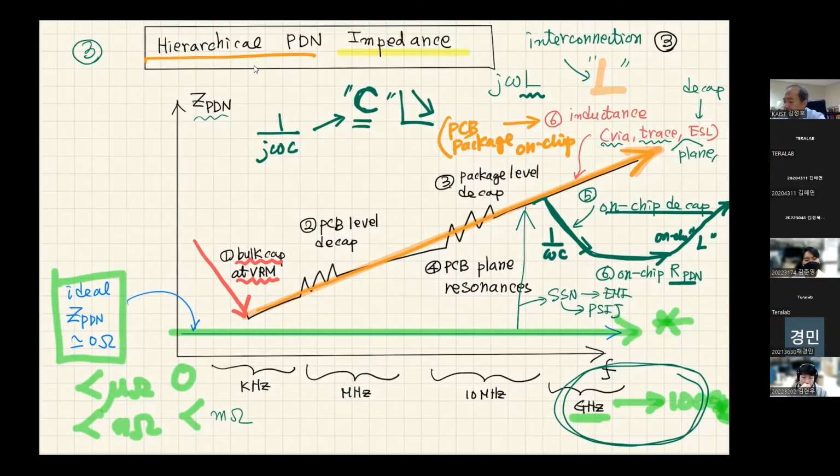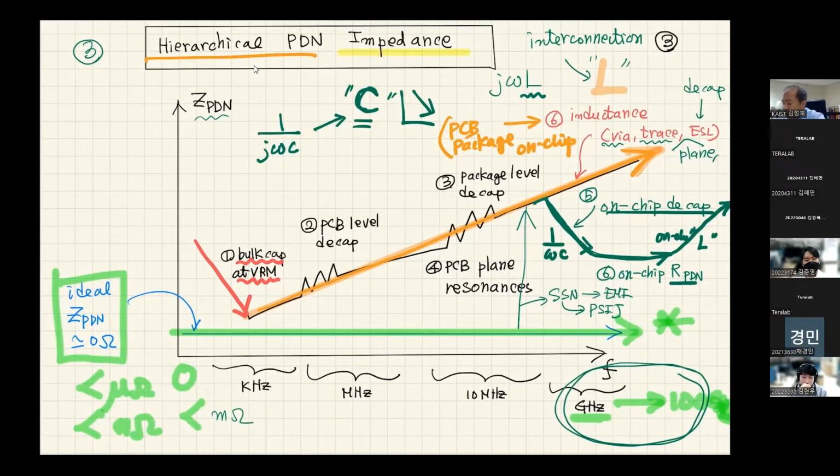So it is good to bring down the impedance at the kilohertz range. And at the PCB level, you are also adding capacitance. Because of the PCB level capacitance, your impedance will keep coming down, and eventually it follows the inductance curve. Also at the package level, you are adding some capacitance. Later on, I'm going to show you that.